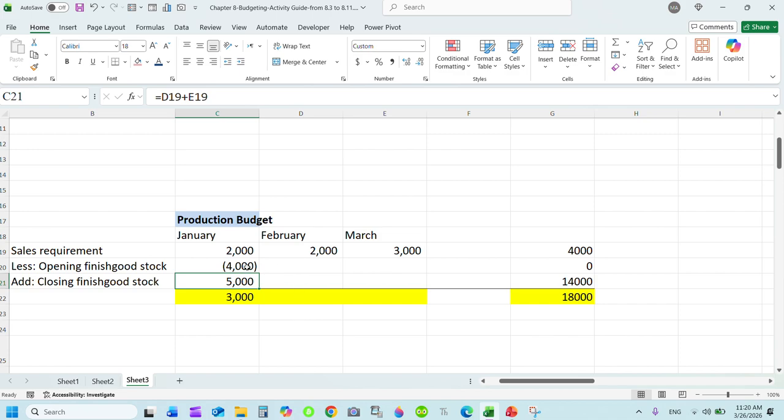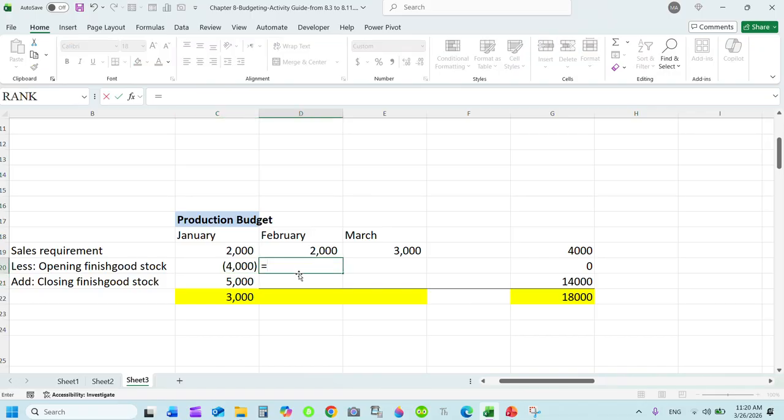Why? At the beginning, you have open stock, you deduct it, then you need to only produce 3,000. Likewise, right? So this closing stock will become open stock for this period.